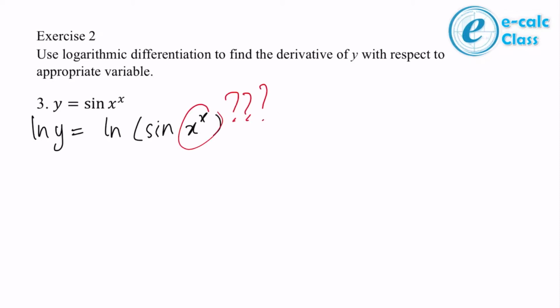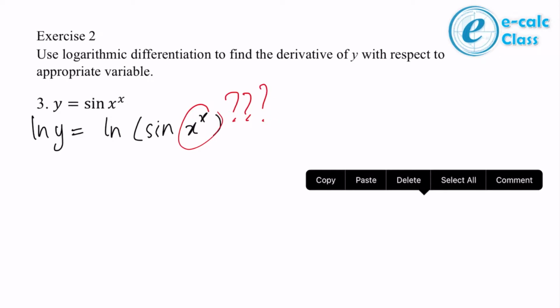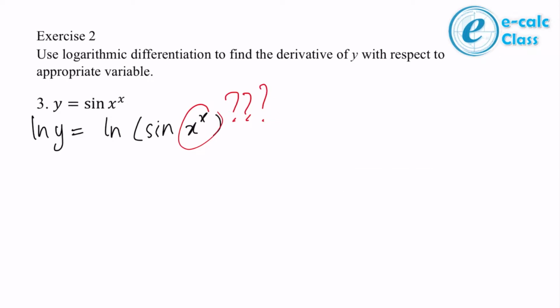Taking ln on both sides here is not helping. Hence, you should somehow make ln x to the x so that this one can fly down, become x ln x. It's not so bad, it is a product rather than a very complicated, very scary exponent x to the x. So you just focus on that particular part.